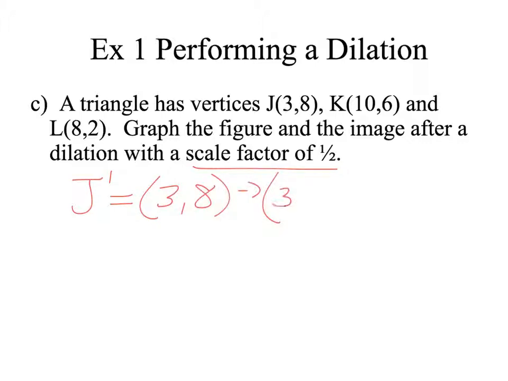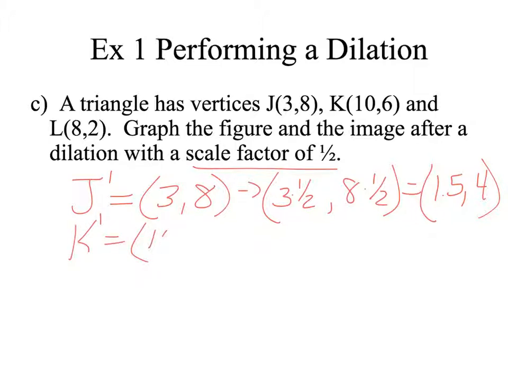Everything is going to get multiplied by 1/2 or 0.5. And 3 times 1/2 is going to give us 1.5, and 8 times 1/2 is going to give us 4. So j prime is actually at 1.5, 4. And with the graphing, you would have to estimate where that 1.5 would be.